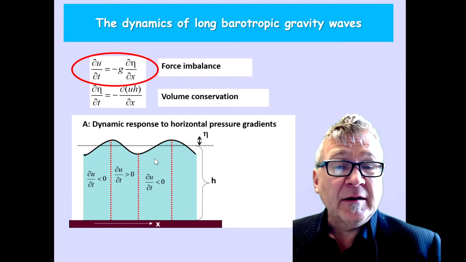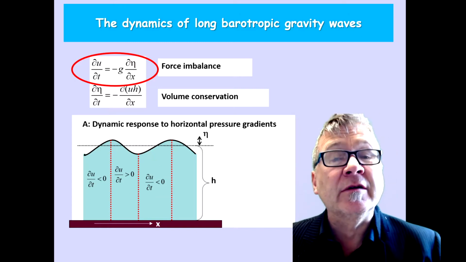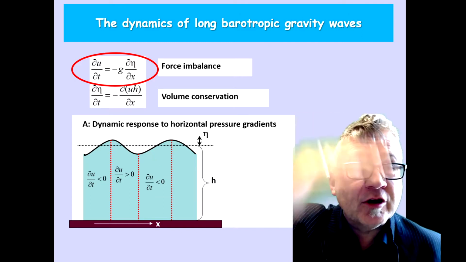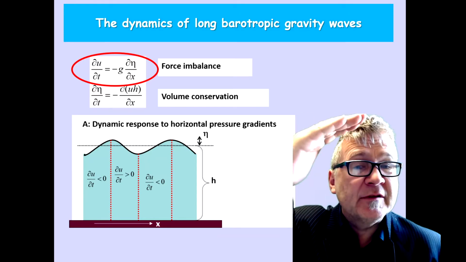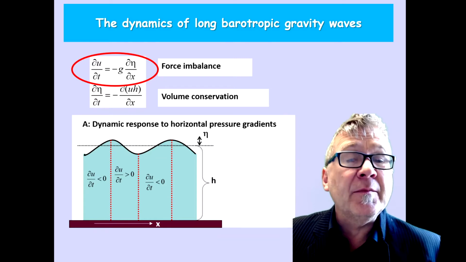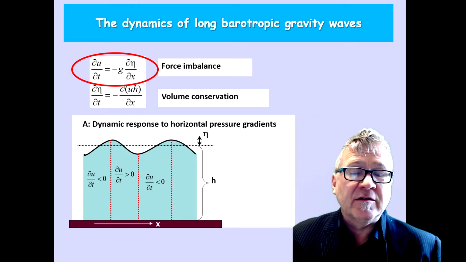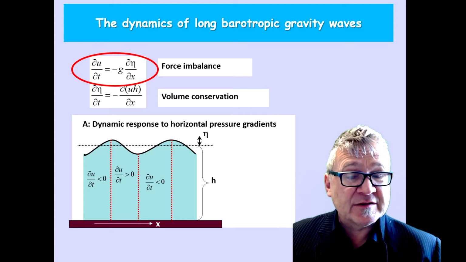And under these pressure gradients, the key here is that this pressure gradient operates from top to bottom. Okay, it comes from the sea surface, but in this shallow water example, it operates the same way from the surface down to the seafloor. No change from the surface to the seafloor.